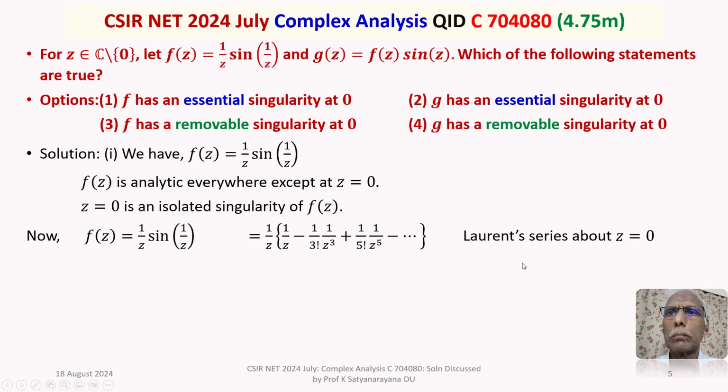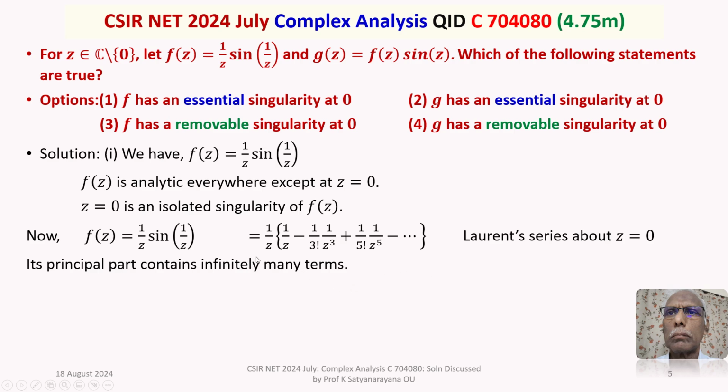Now, what do you observe? We observe there are infinitely many negative powers of z present in this expansion. The part of the Laurent's expansion which contains the negative powers of z is called the principal part of the Laurent's expansion. So, its principal part contains infinitely many terms.